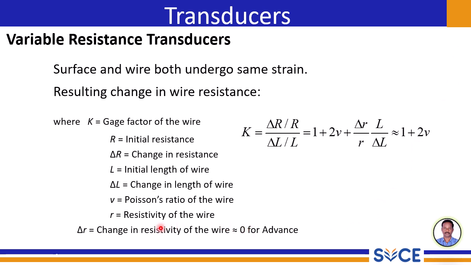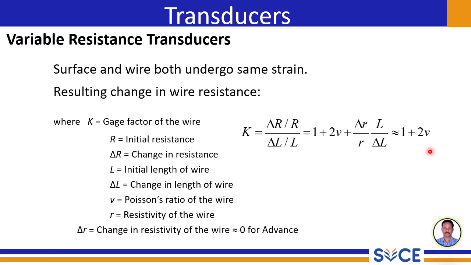The resistivity is a measure of how strongly a material opposes the flow of current. Then there is del rho, which is the change in resistivity of the wire due to the applied strain. This equation shows the gauge factor K is approximately equal to 1 plus 2 nu.